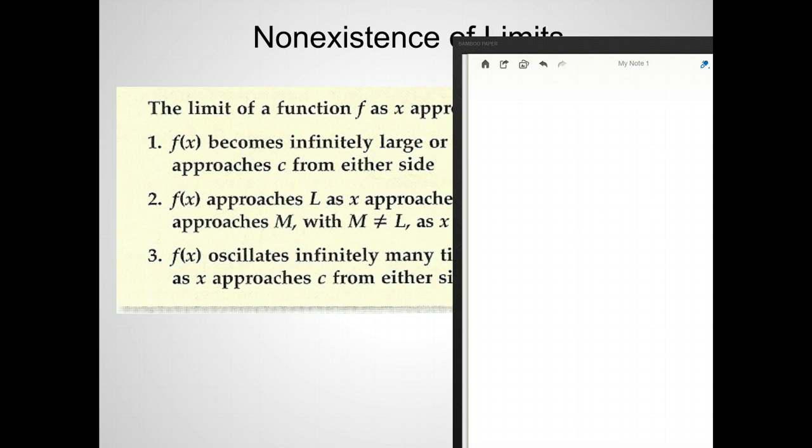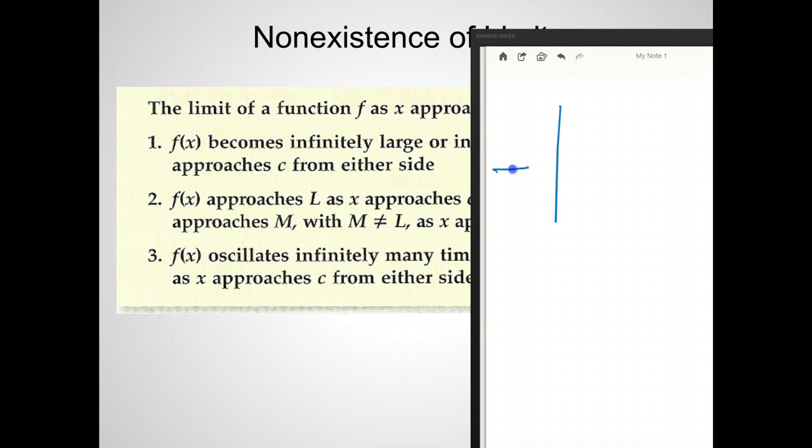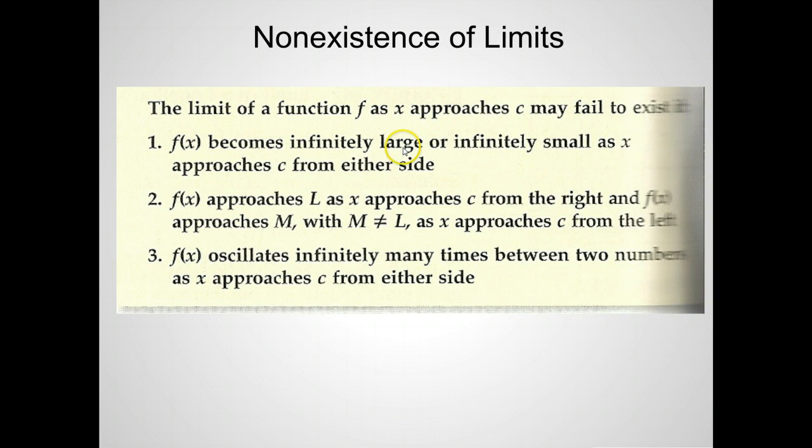So let me just draw a quick one. The one in the book was 1 over x squared. If we look at -1 over x squared, then we have x equals 0 as a vertical asymptote. So as I get closer and closer to 0 from either direction, in this case our function is taking on infinitely small values. Therefore, we say that the limit does not exist as x approaches 0.